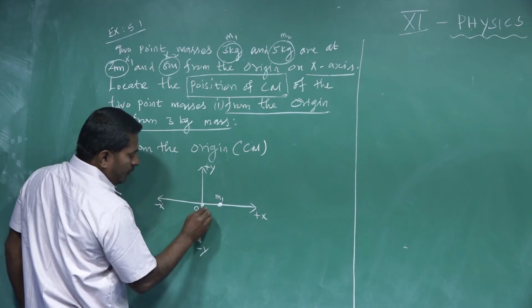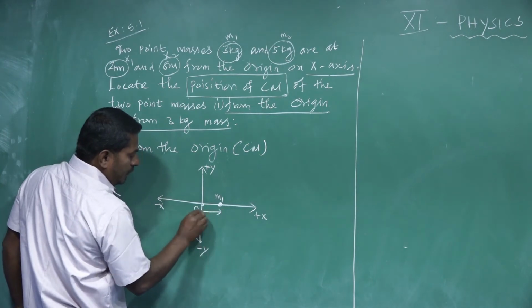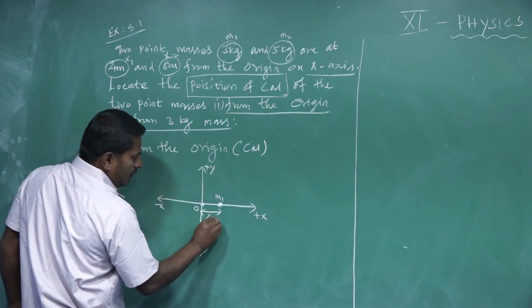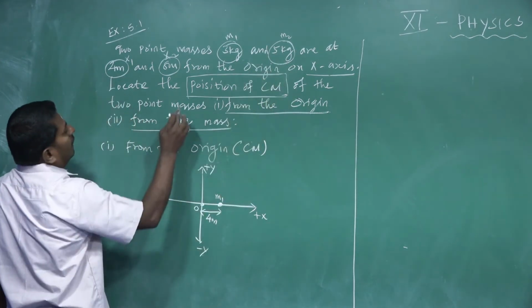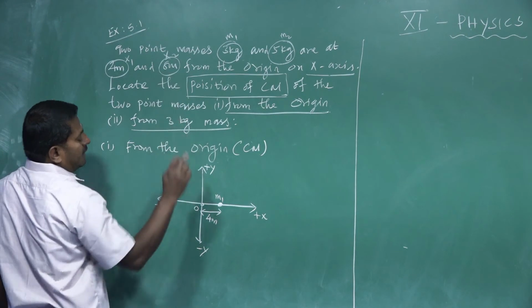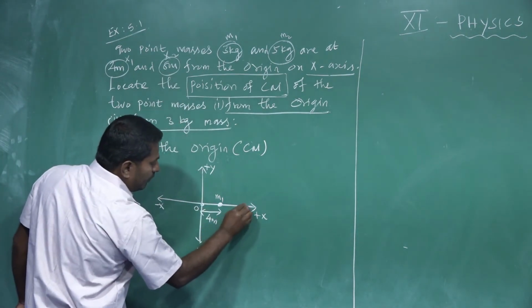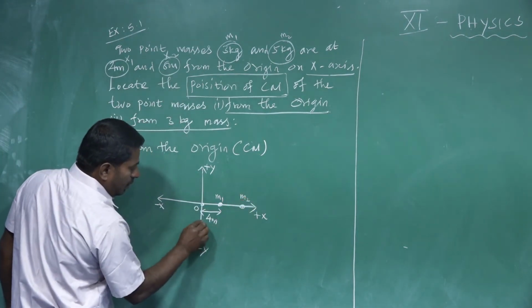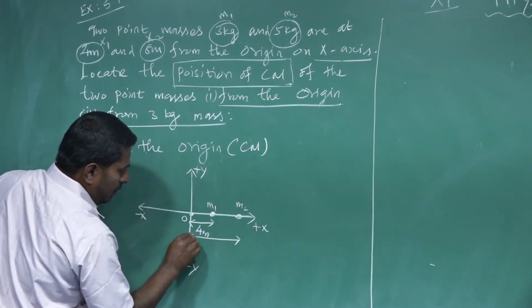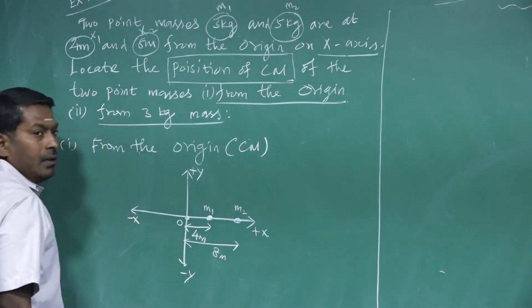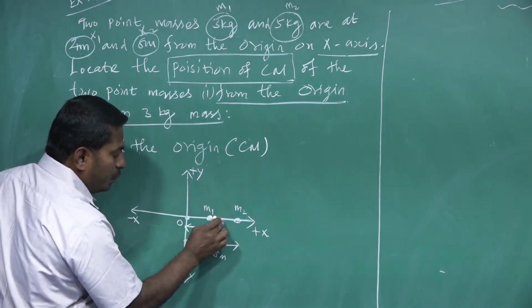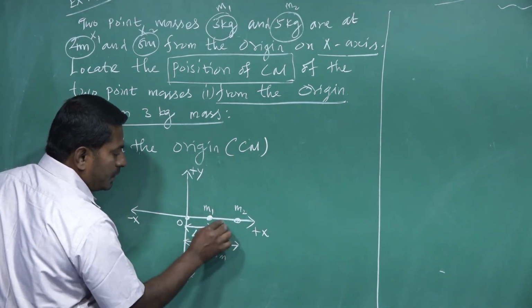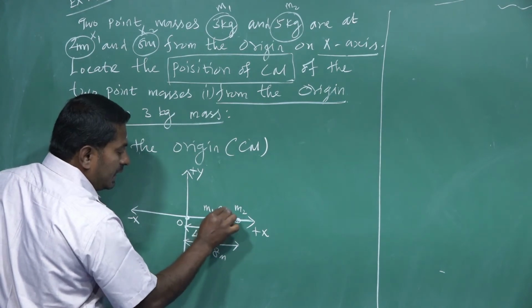Then second point mass m2, 5 kg, is located 8 meter distance from the origin. Then how to calculate the position of the center of mass point of the 2 point masses? This is the center of mass point.